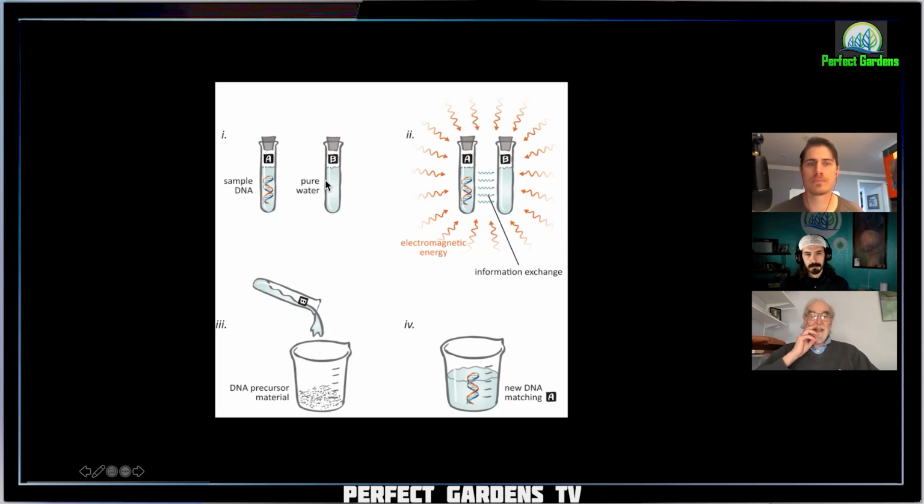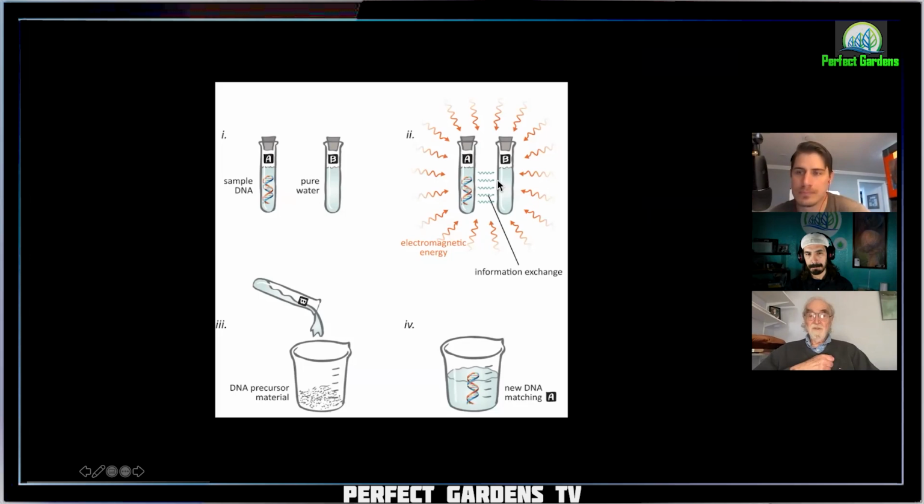Now, to this combination, he adds some kind of generic energy, 50 hertz, 60 hertz, 7.8 hertz, whatever. He says this just basically energizes the system. And he says that what's going on is that there's some kind of information exchange from the DNA, or the water surrounding the DNA, to the water.